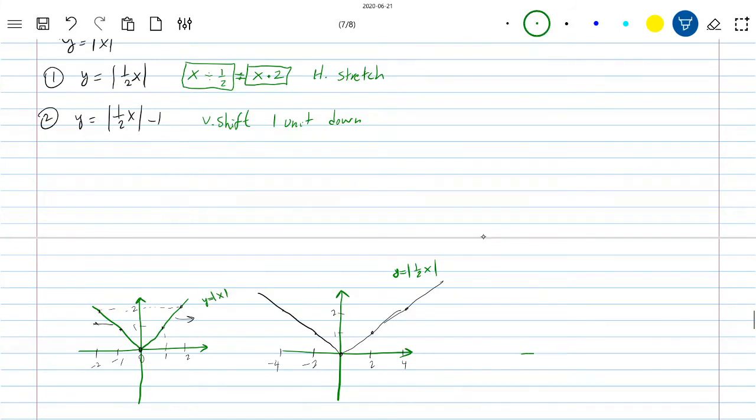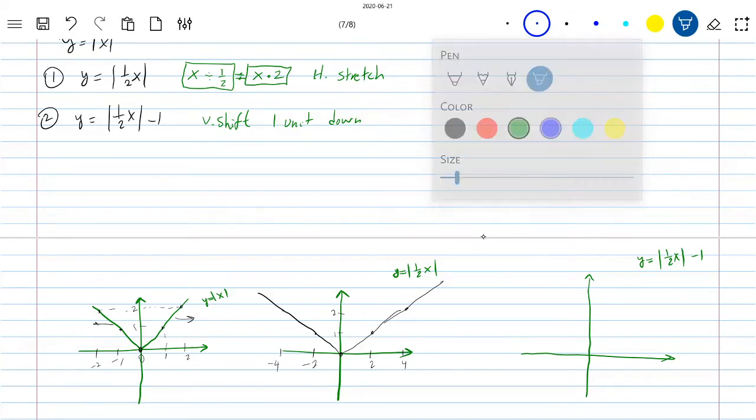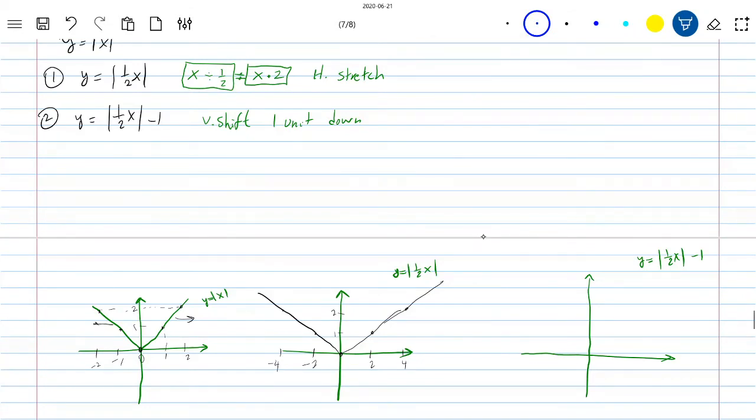And finally, if you want to graph f, which is a combination of all these, absolute value of 1/2 x minus 1, this is a vertical shift down. So shift the graph down 1 unit. Every point will shift down 1 unit. So this is 2, 4, -2, -4. The y values shifted down. Instead of being at 1, these two will become 0.